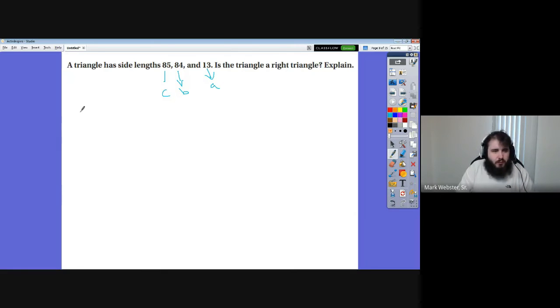So I'm going to say, all right, well, does 13 squared plus 84 squared equal 85 squared? Are they the same? Let's find out. What's 13 squared? Well, we talked about earlier how 13 times 13 was 169, right? 84 squared, oof, that's a big number.